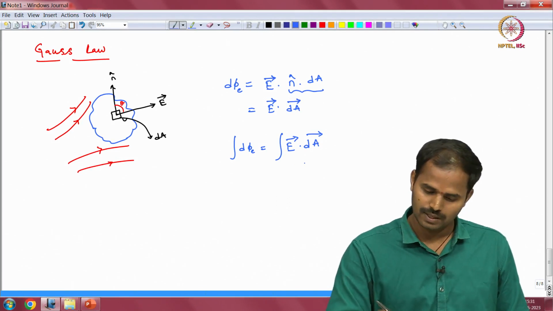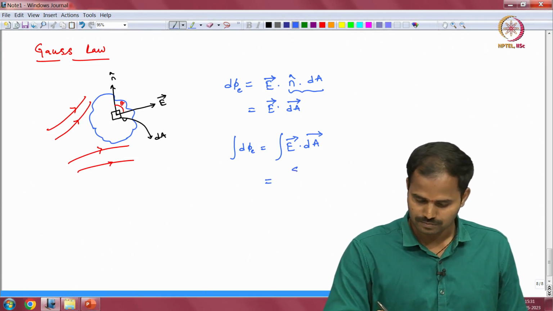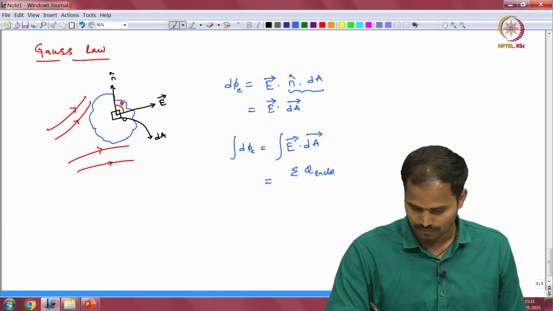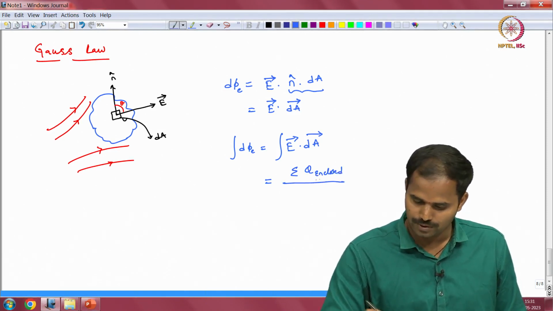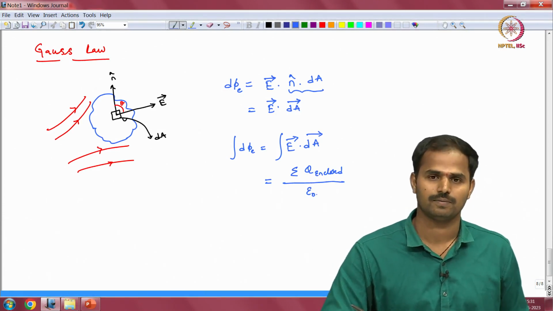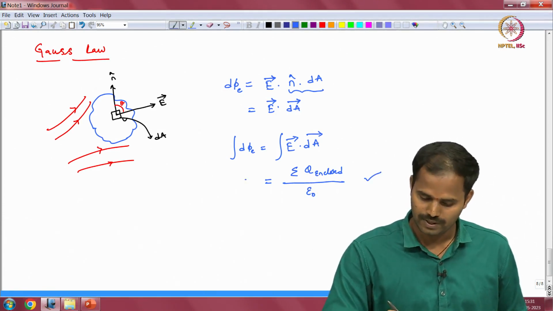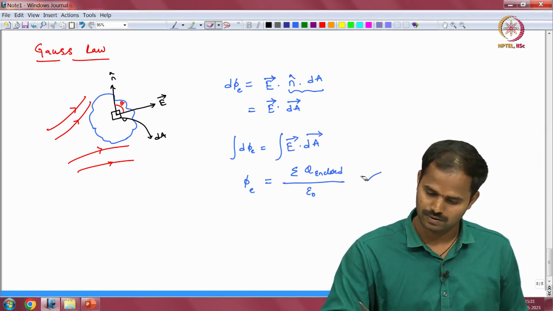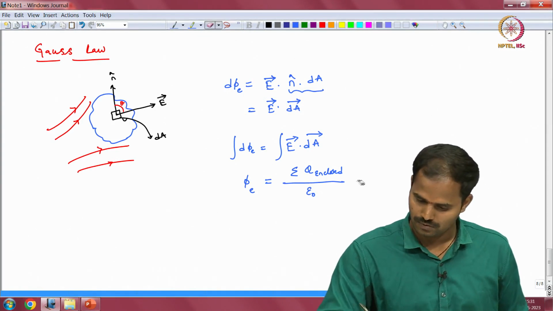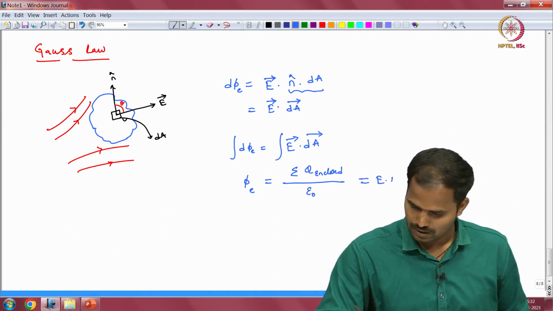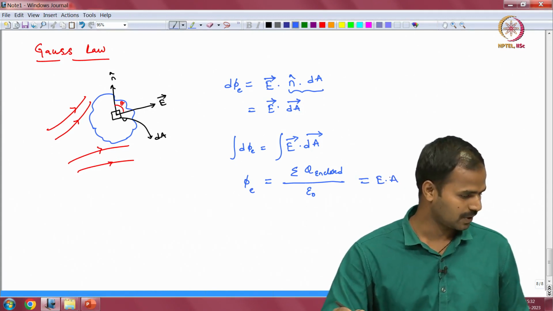Okay. That is equal to the summation of charge enclosed with respect to the permittivity, epsilon naught. This is the equation for electric flux, equals E into A. Okay.